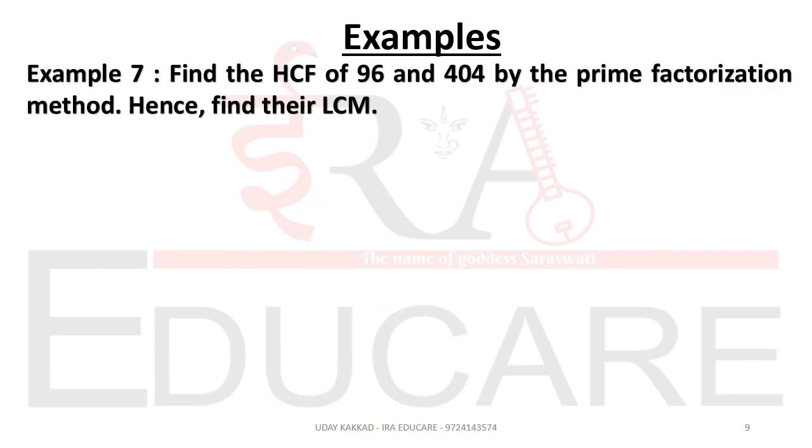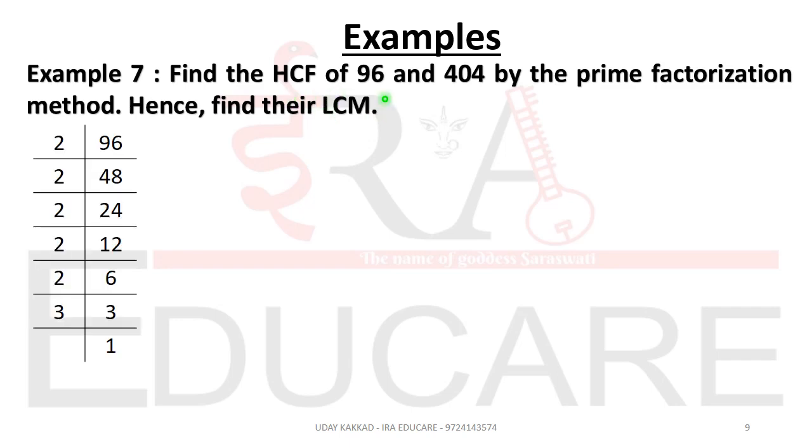Now the next example, number 7 of the NCERT book. Find the HCF of 96 and 404 by the prime factorization method. Hence find their LCM. So you have to find the HCF and then the LCM, right? First factorize 96, so you get this factorization.